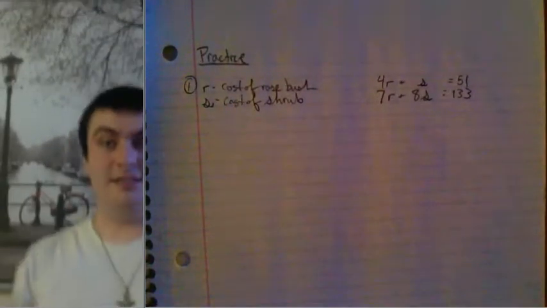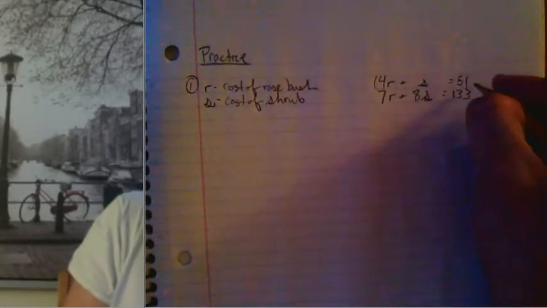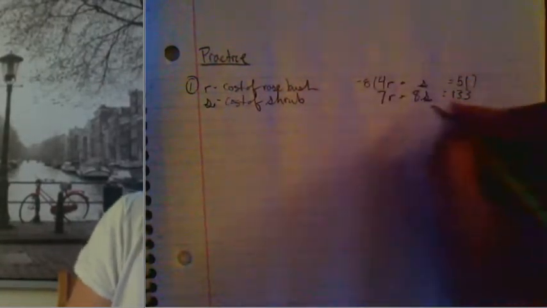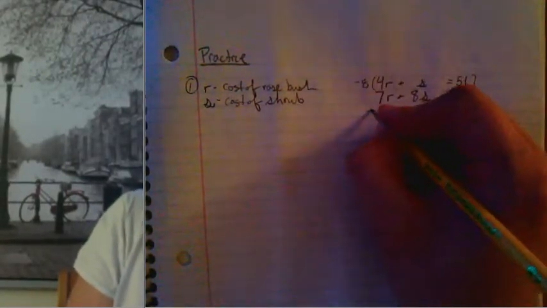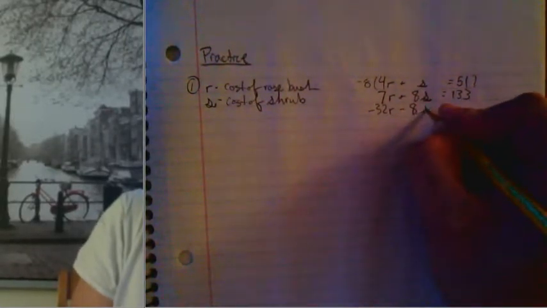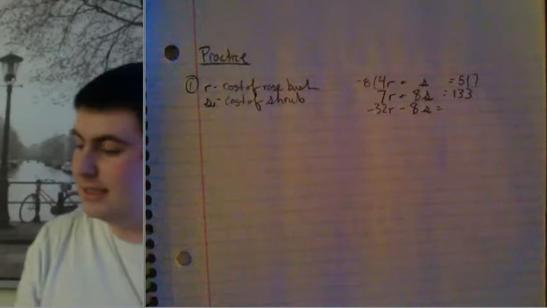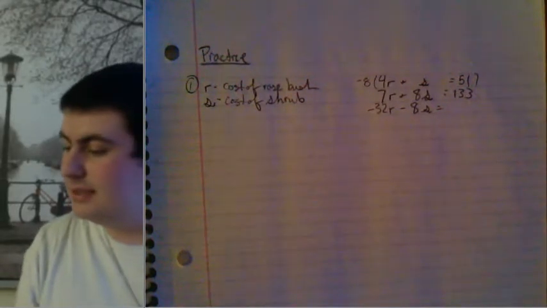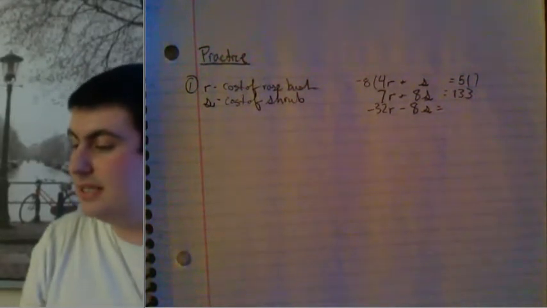So when we solve, I'm going to take this top one and multiply it by -8 to get the opposite. We get -32r minus 8s equals, let's see, 51 times -8, we get -408.